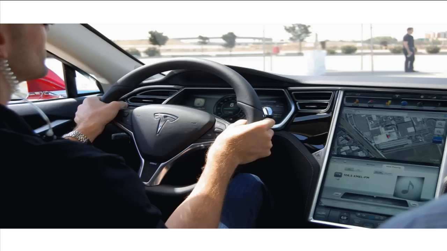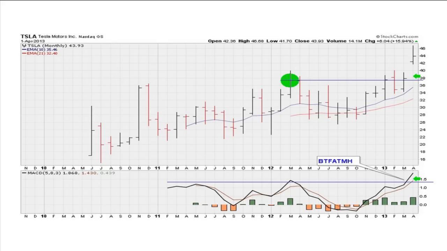Let's take a look at one more here, and it is Tesla. Now take a look at Tesla here coming into April. We had a couple of things taking place. You got a price breakout to all-time highs above this monthly closing high, and also you have the MACD rushing to all-time highs. So it meets our minimum requirement for the price breakout, and here you buy the freaking all-time MACD high.